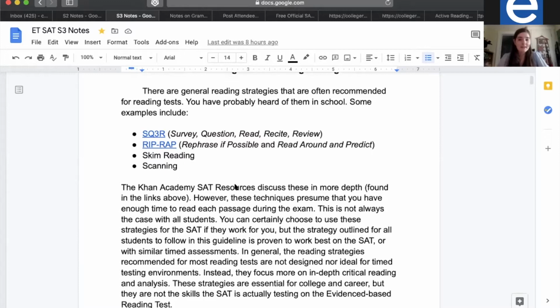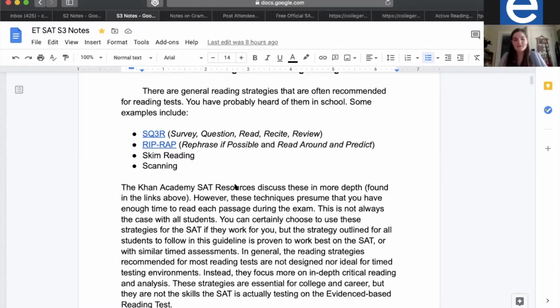Skim reading and scanning are two very crucial reading strategies for general reading comprehension. However, all of these strategies require you to have enough time to read everything in depth, which is not necessarily the case for most students on the SAT.